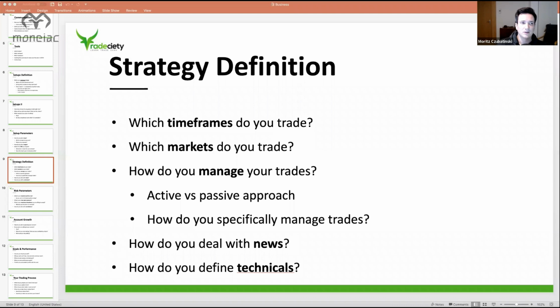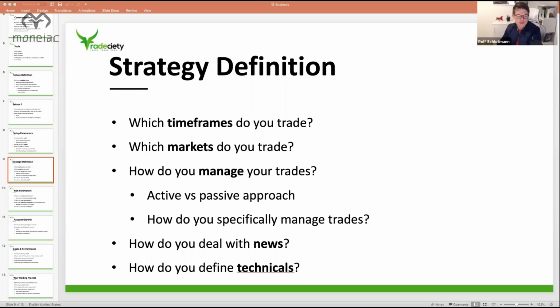Do you draw it at the closes? Do you draw it at the lows and highs? So you really have to define it, put some screenshots into your trading plan as well. So you know, this is how I draw trend lines, and this is how I do it all the time. I don't care about how anyone else does it. You just need to be consistent. Otherwise, you're going to be comparing apples and bananas.